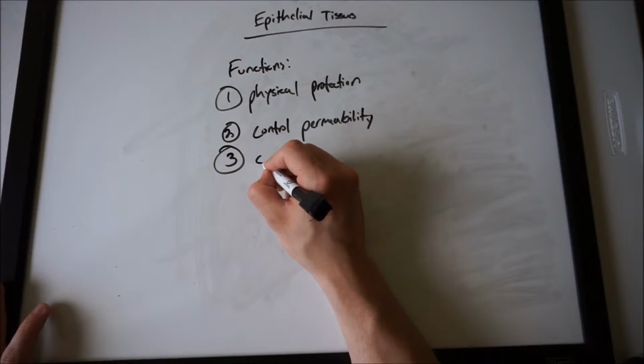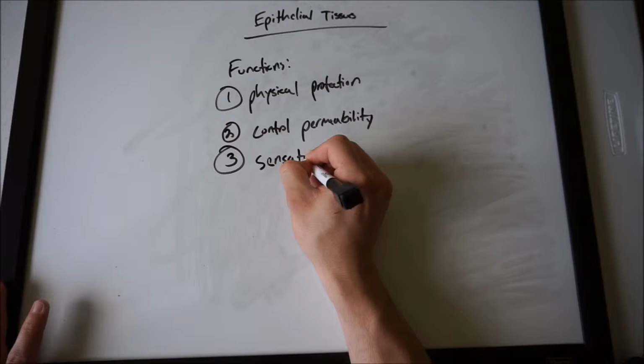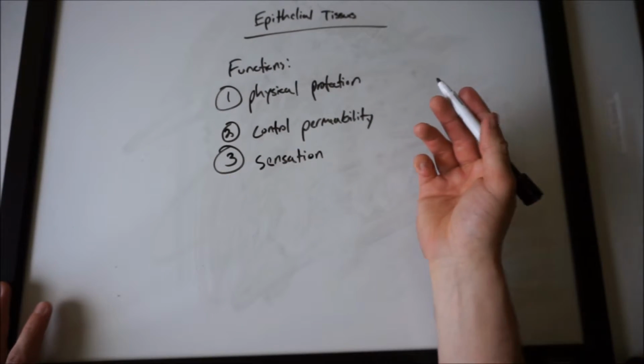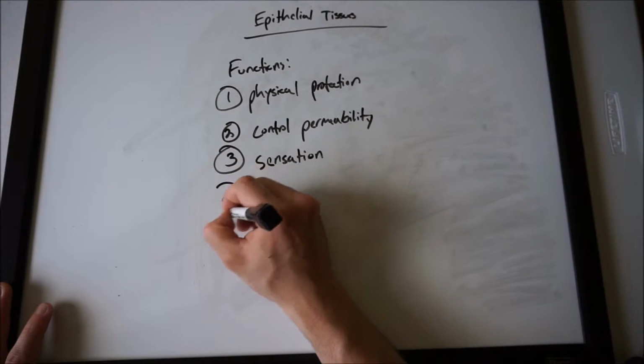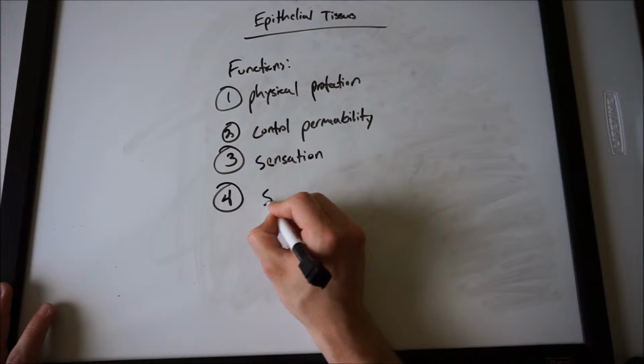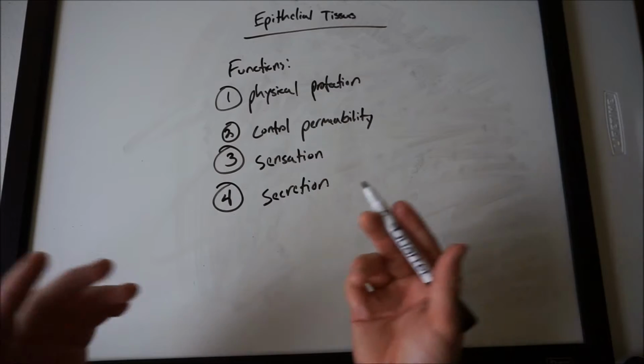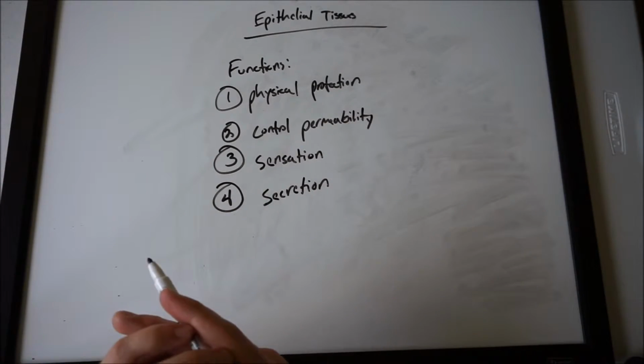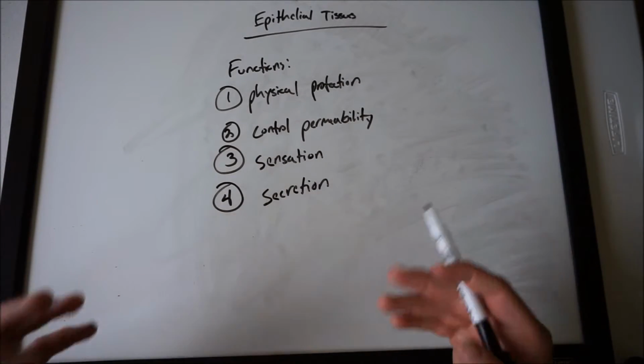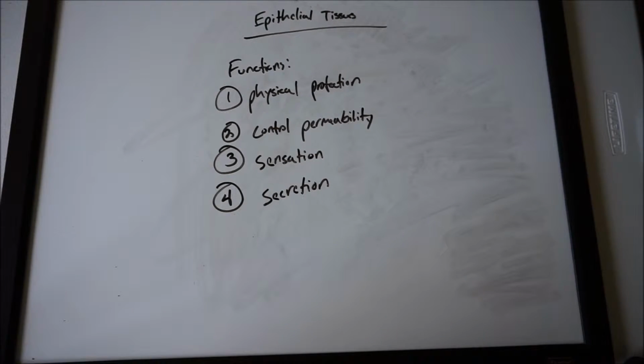What else? Sensation in connection with neural tissues. And finally, like we said before, secretion. They secrete substances including hormones, sweat, and just many different things that allow our body to function as it does.